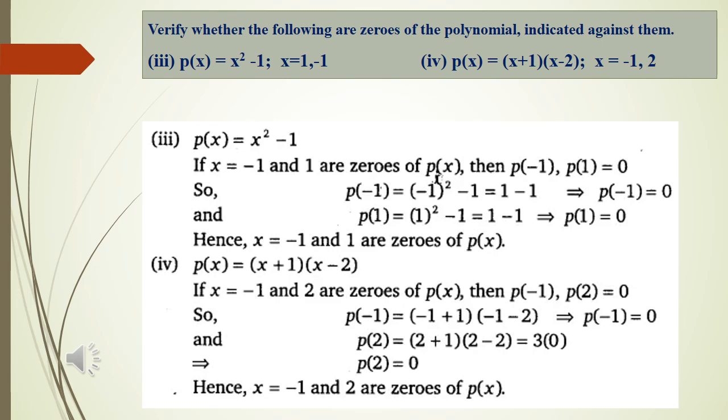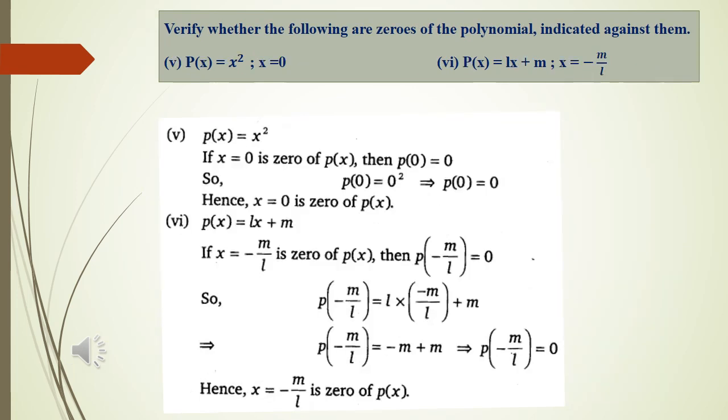Here we verify p of x is equal to x square at x is equal to 0. Dear students, here we will substitute the value of x in the given polynomial. We will have p of x is equal to x square.